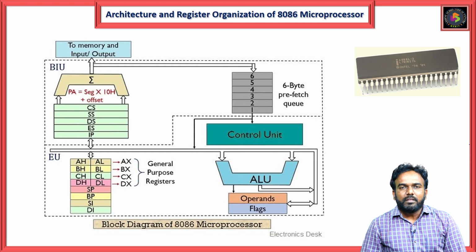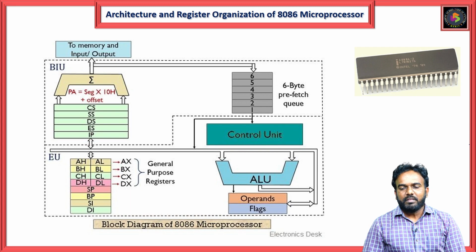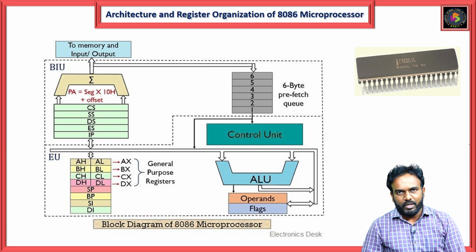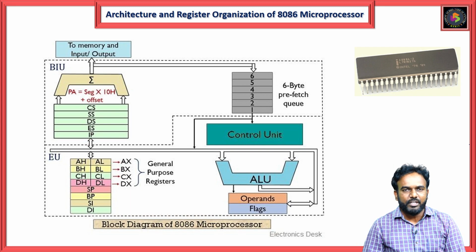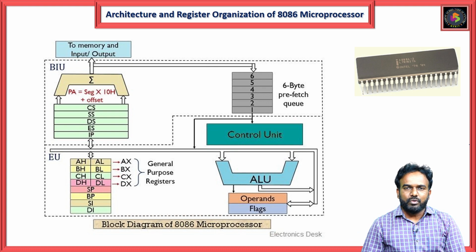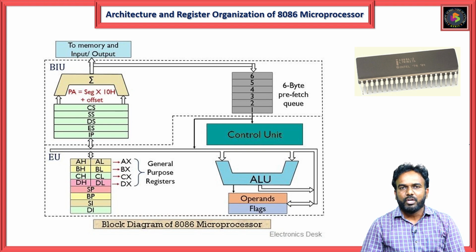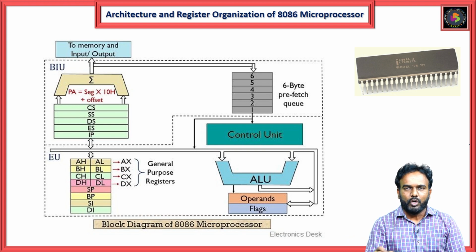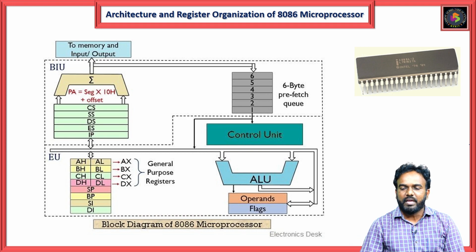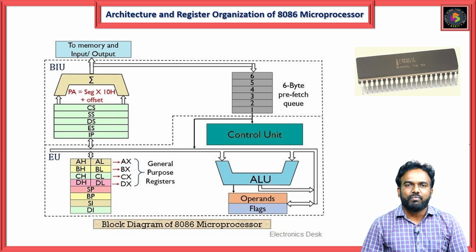And coming to the main part of today's topic, that is the internal functional block diagram. We can also call it the architecture of the 8086 microprocessor. This image shows the architecture of the 8086 microprocessor. If you look at this image, it has dotted lines. The total functional block diagram is divided into two main functional units.